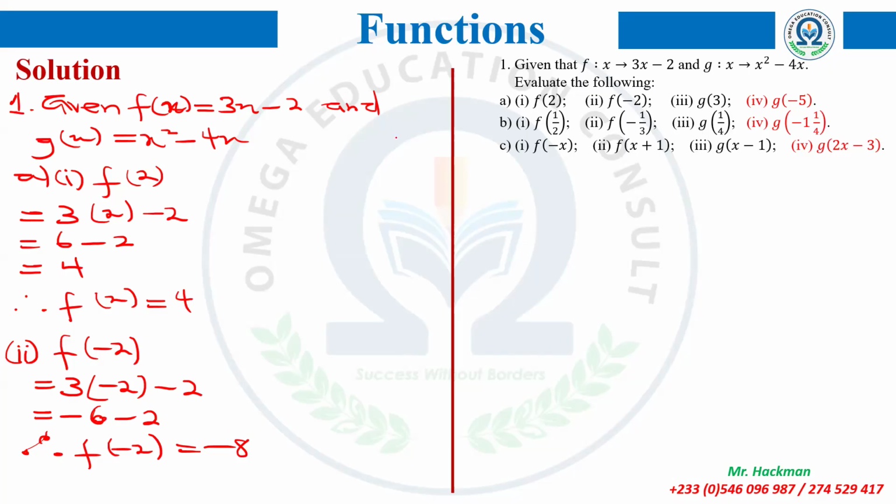Okay, so now let's go and look at the next one. What are we given? g of 3. So what will be our function of interest? The function of interest here is g. Remember, we said if there's an expression, we start with equal to.